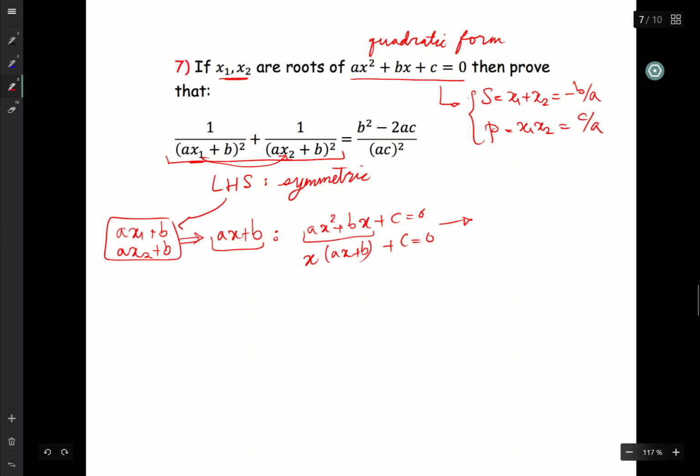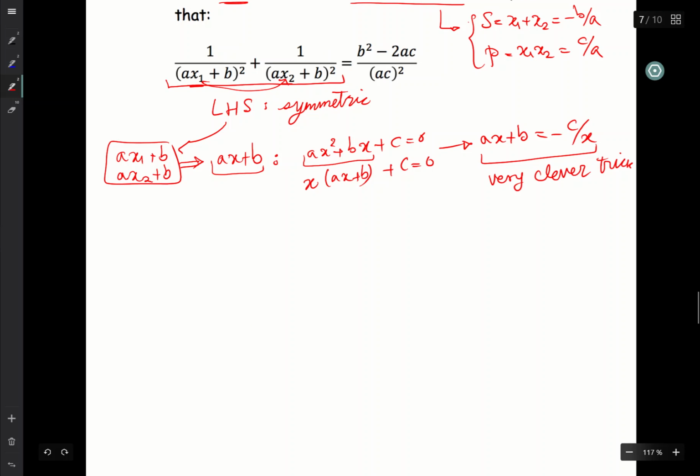So, in fact, ax plus b should be minus c over x. Very clever trick. And since x1 and x2 are roots, obviously we expect that they satisfy this quadratic equation. So ax1 plus b is actually minus c over x1.